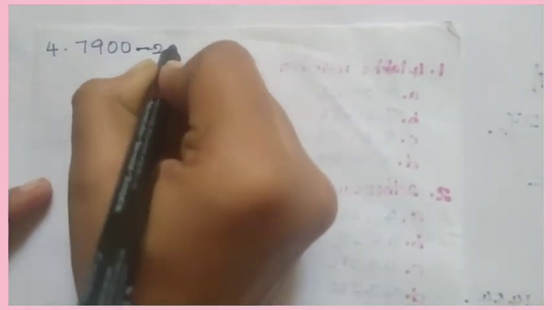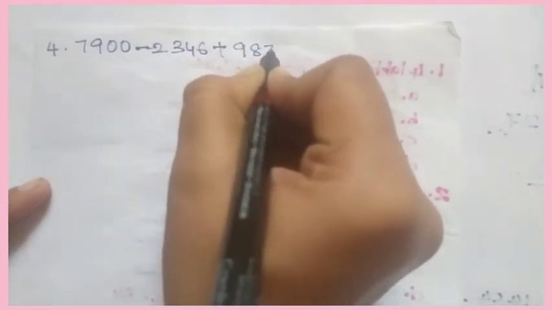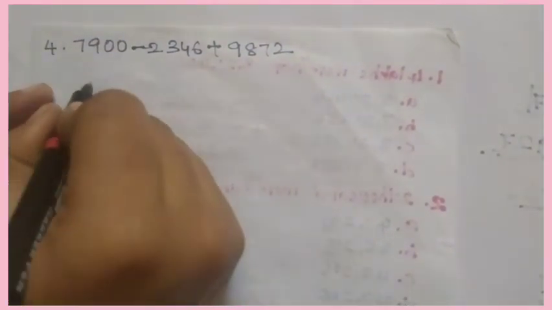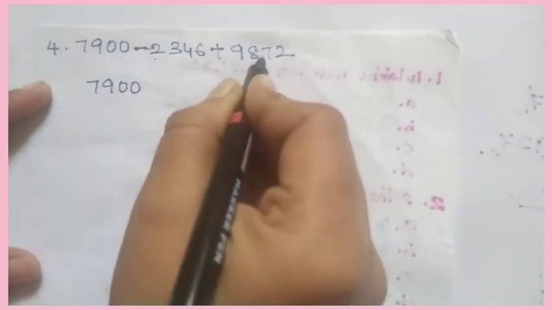Now look at fourth question. Okay, 7900 minus 2346 plus 9872. Now look, we'll write first number here, then in these two which one is having addition symbol?